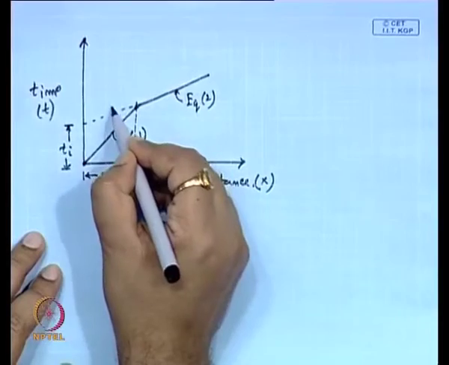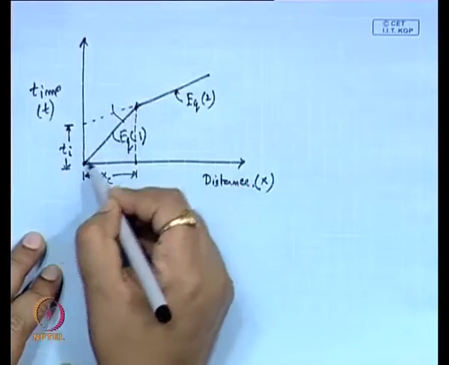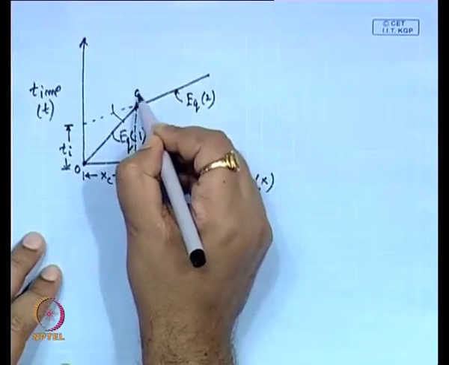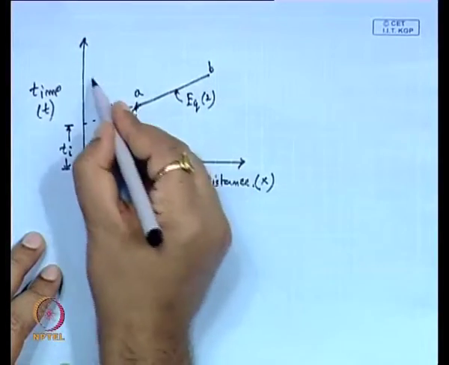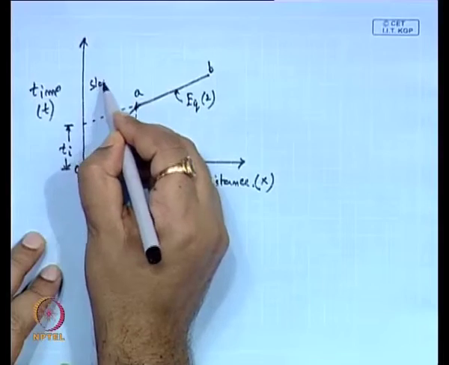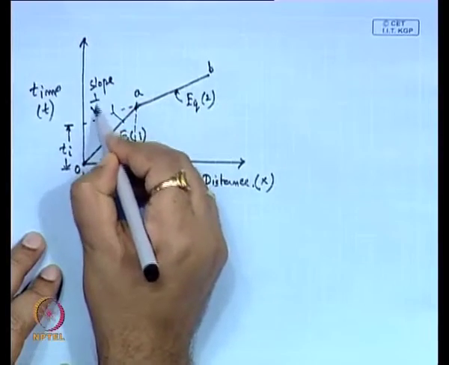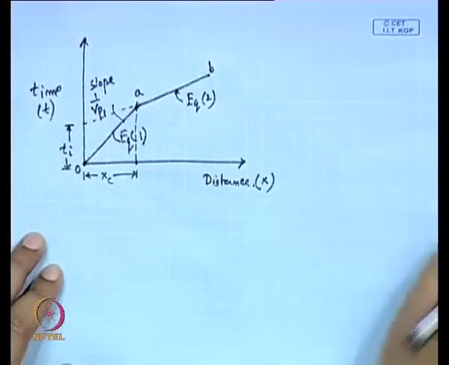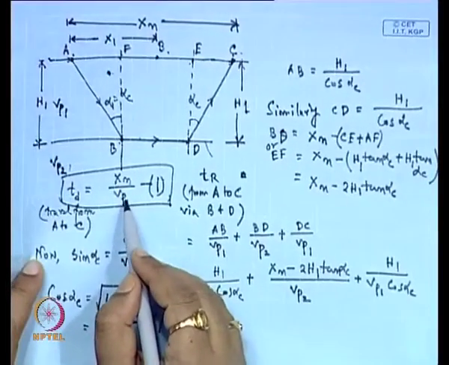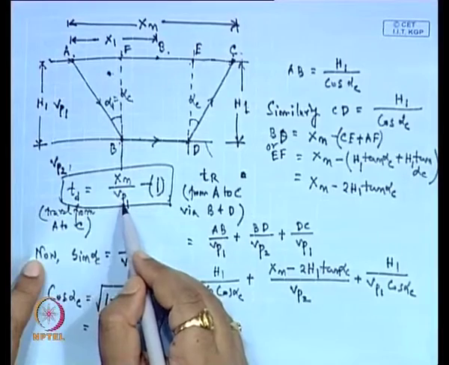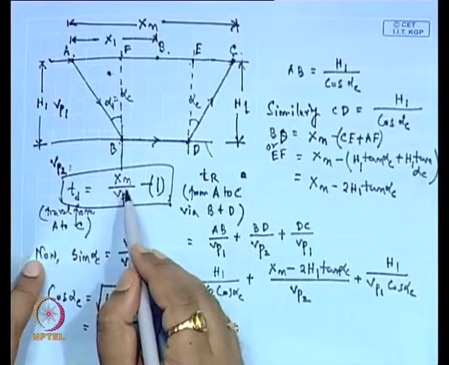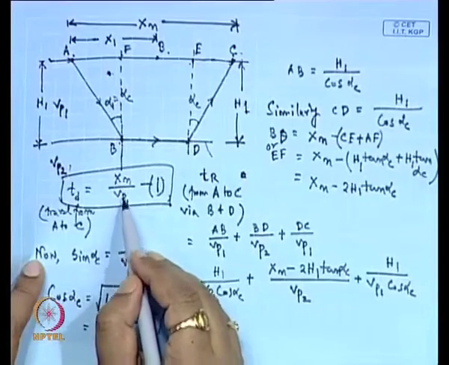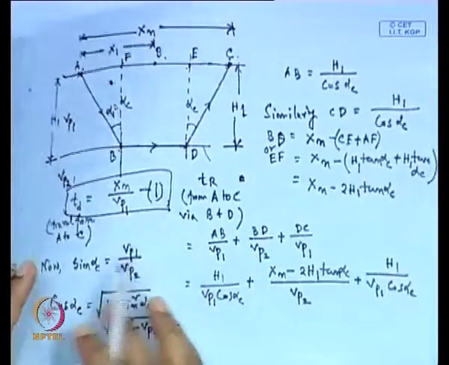Now, the slope of this first line, say from 0 to a, will give us 1 by V_p1, because from this expression we can see the slope is 1 by V_p1 in the t versus x graph.